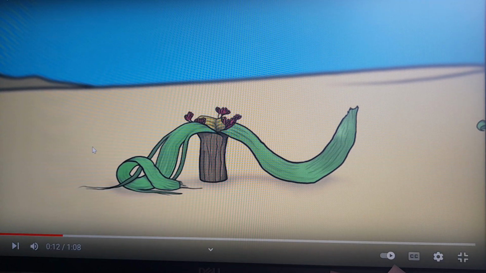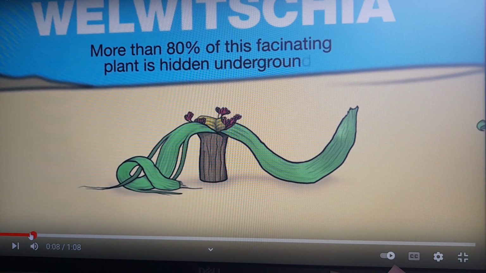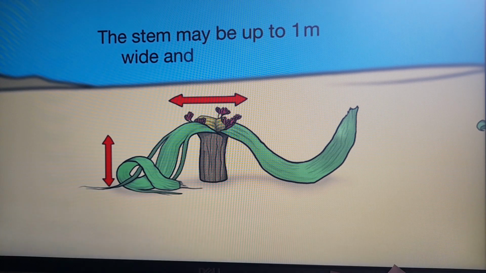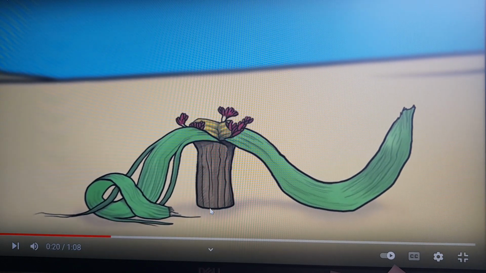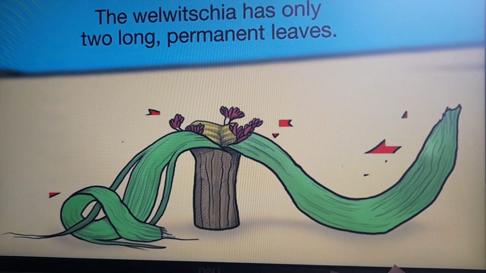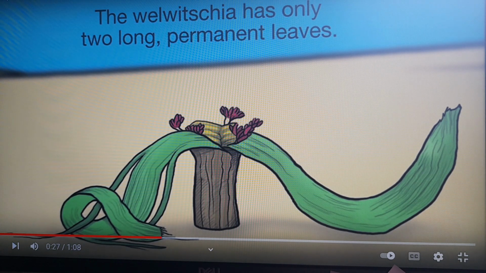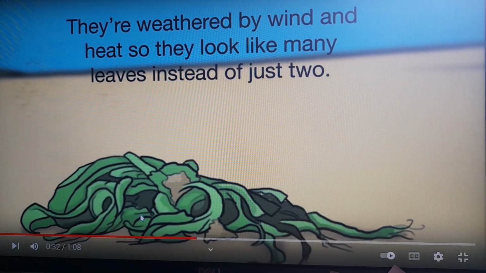I just want to go back and read the subtitles. More than 80% of this plant is hidden underground. The stem may be up to 1 meter wide and 50 centimeters high. The welwitschia has only 2 long leaves, weathered by wind and heat, so they look like many leaves, but it's just 2 leaves.